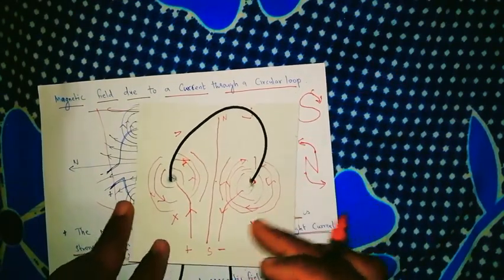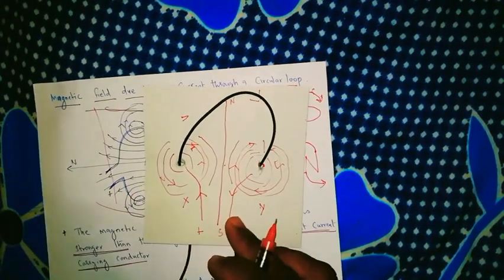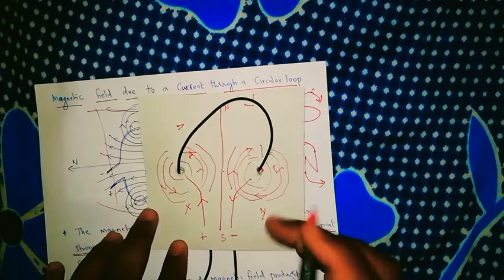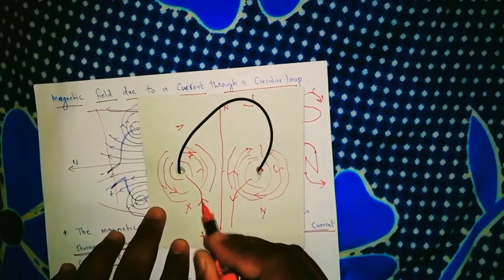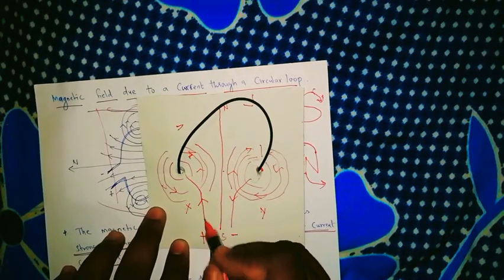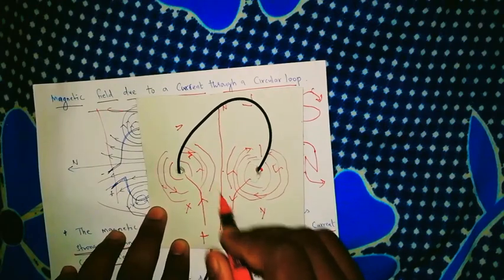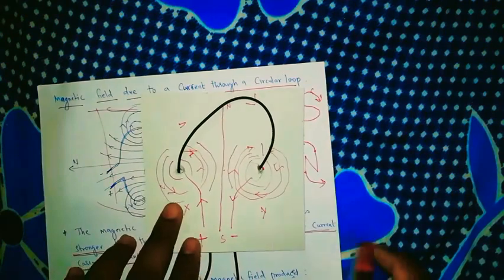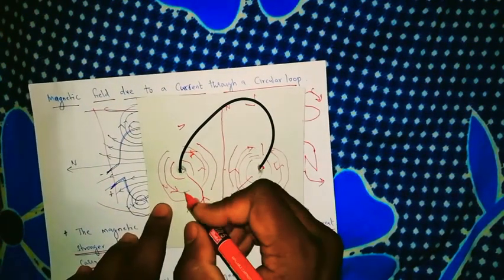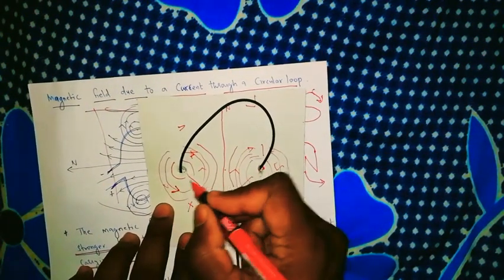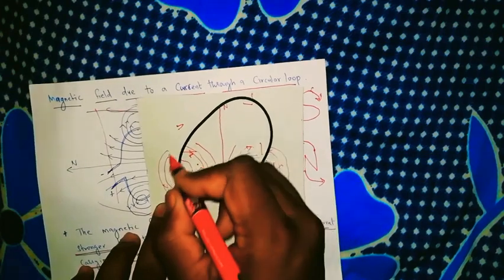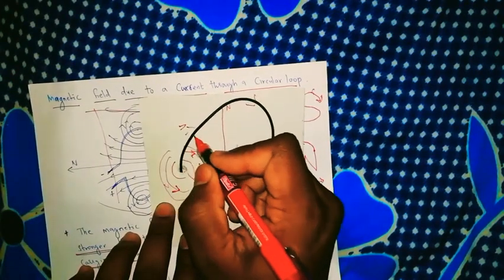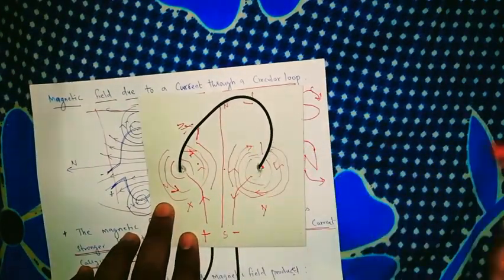For example, you can look here in this activity sheet: current is moving in this direction. If it moves in this direction, then it goes towards this side, right? So that means all will move towards this side, and the current is flowing towards this side.